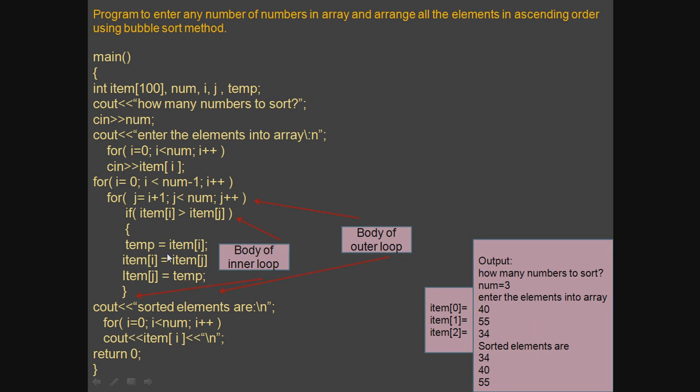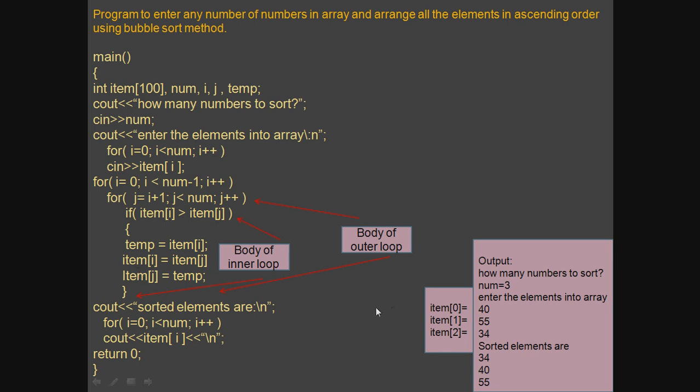So then temp is equal to item j, that is, item j is what? Item j is 2, right? So here 40, so 40 will be stored in temp. Okay, and item i equals item j. So item j will store the value 55 because i is now 1, right?